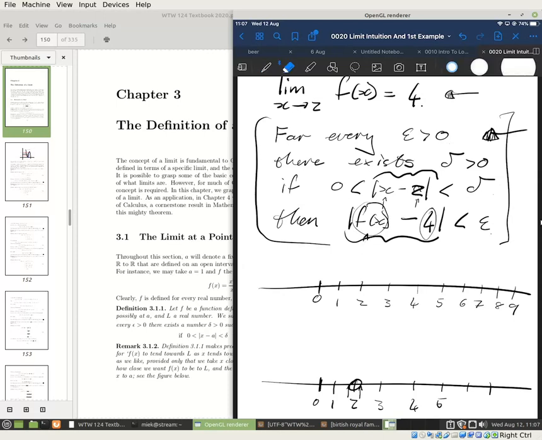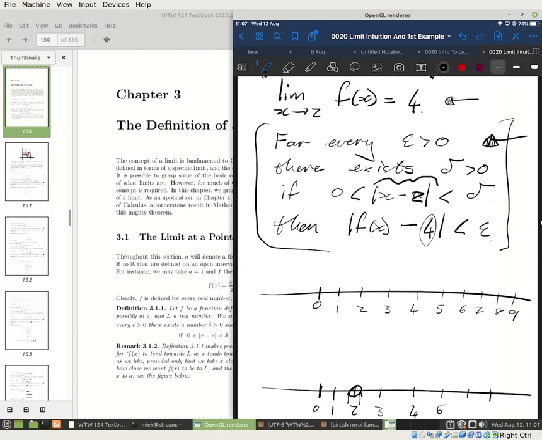So let us translate this statement with this intuition. It says, for every epsilon there exists a delta, so that if the distance of x to 2 is bigger than 0 but less than delta, then the distance of the function value to 4 is less than epsilon.